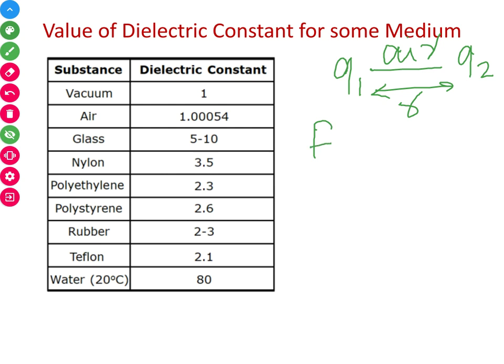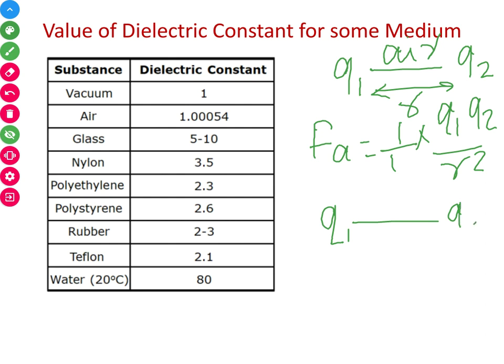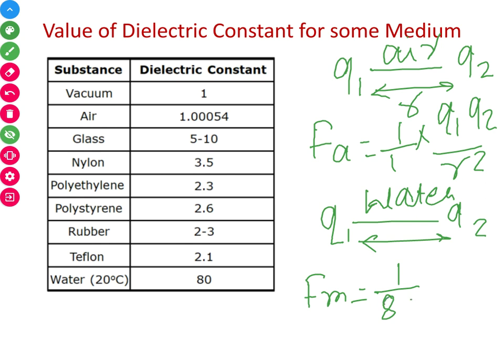So here in air the force is 1 upon 1 into q1 q2 upon r square, and suppose both charges q1 and q2 are placed in water, then what is the value of force between these two charges? We can write Fm is equal to 1 upon 80 into Q1 Q2 upon R square.